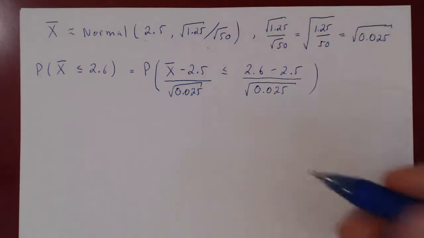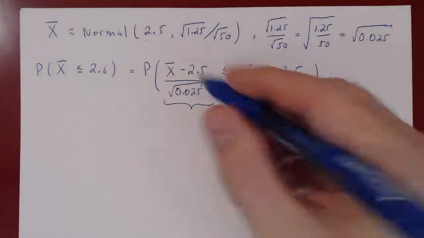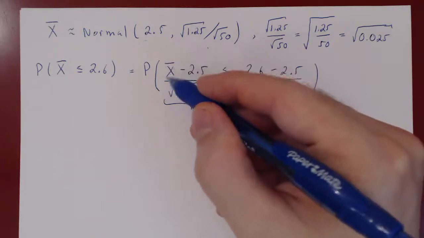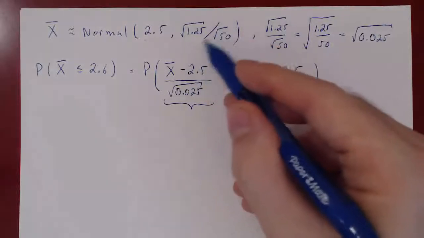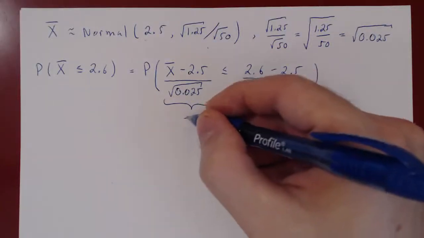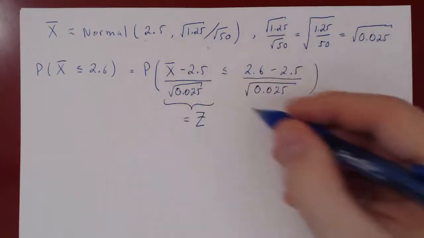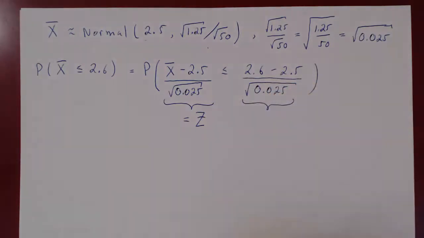And now, well, let's see what we have. We took a normal, or at least approximately normal random variable. If you subtract the mean and divide by its deviation, this becomes the standard normal random variable. And recall that for this value, we will round to the second decimal place.